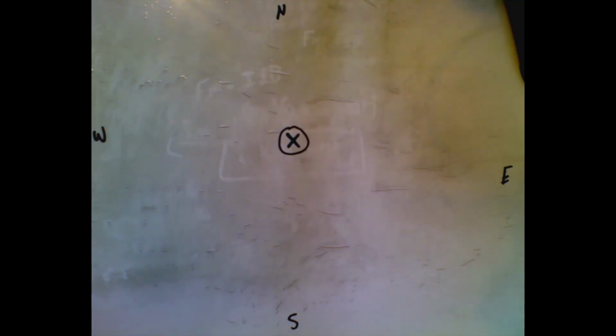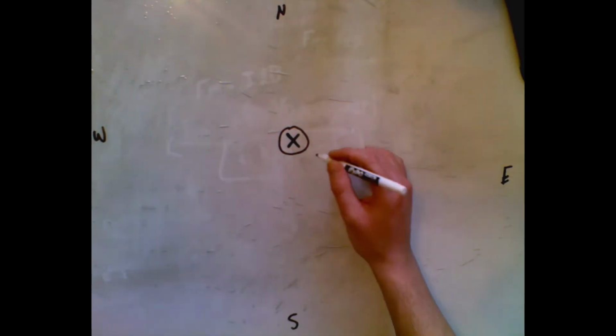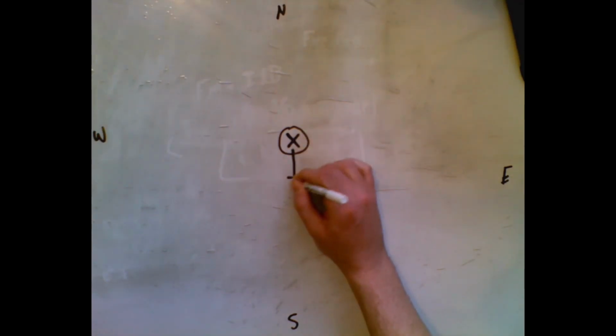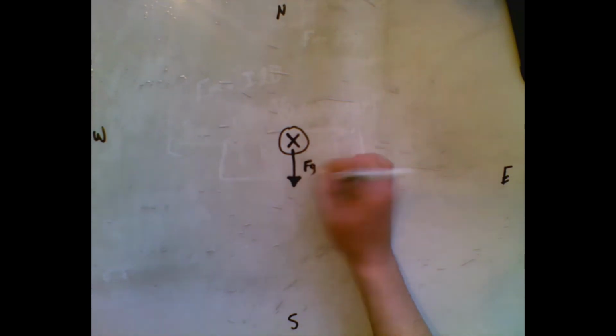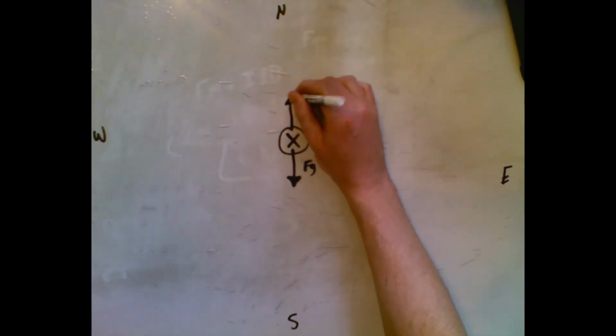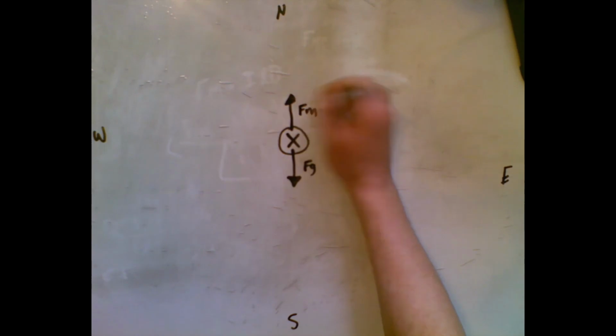This apparatus is placed in a strong magnetic field and the wire is found to levitate. So levitate means that it's stationary. So if this is a wire like this, it's going to experience a force of gravity downwards. And if it's levitating, then there must be another force that's equal and in the opposite direction. So that's going to be our magnetic force.